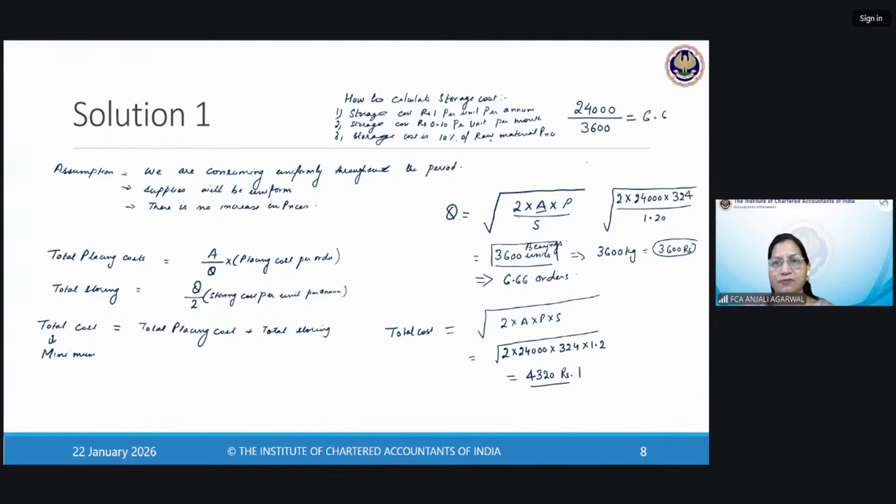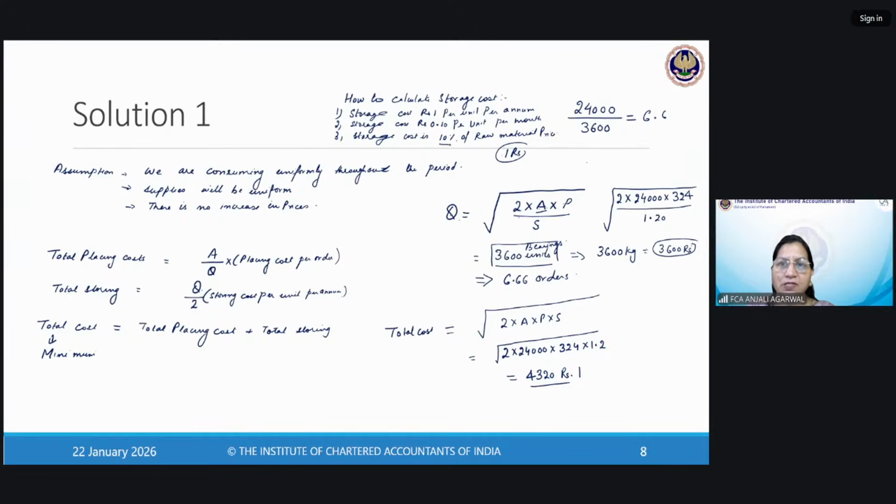In this case, we need to know what the price of the raw material is. So let's say the raw material was 1 rupee. Then 10% of 1 rupee will be 10 paisa. So first we will find the raw material price; if it is 1 rupee, then it is 10 paisa. If it is 100 rupees, then it will be 10 rupees. Okay.